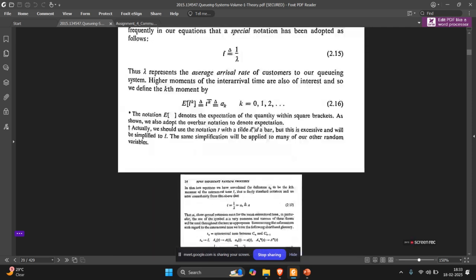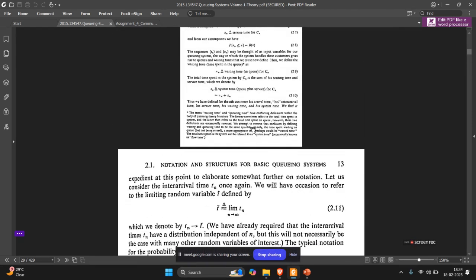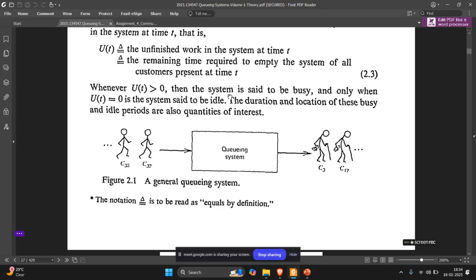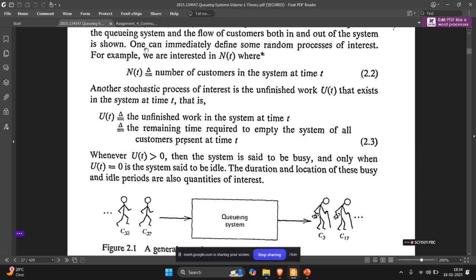To understand Little's law, we will first have to understand the basics of queuing theory in a bit more detail. So here this is the textbook, called Kleinrock's Queueing Theory, by Kleinrock.